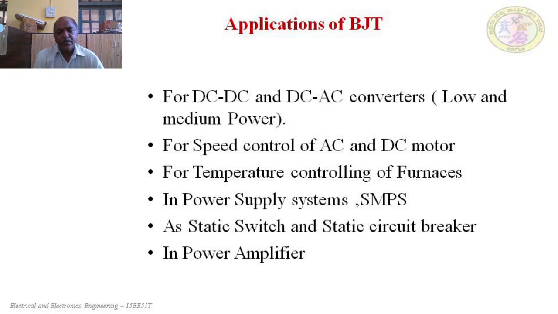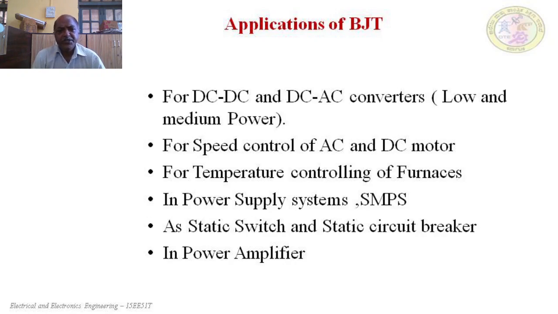Some applications also require a variable AC voltage. So by varying the DC on and off time, the output AC voltage and frequency can be varied, and hence the variable AC can be given to the required AC loads.